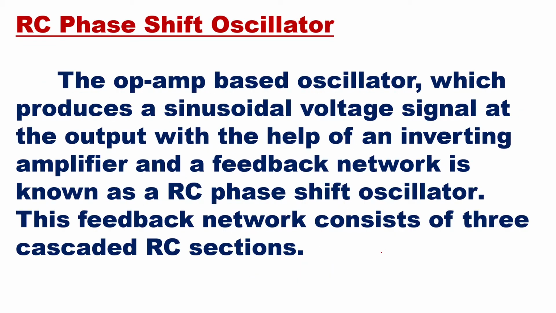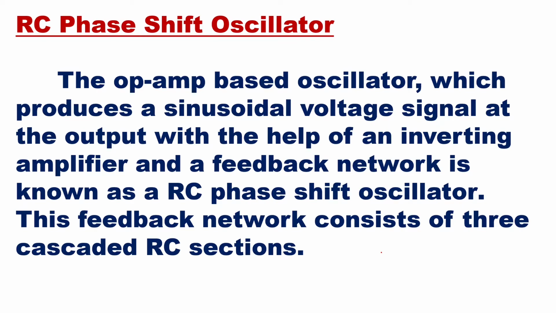Then we will come to the RC phase shift oscillator concept. And as I've told you earlier, here we are going to study the RC phase shift oscillator using an operational amplifier, op-amp. Okay. So the op-amp based oscillator produces a sinusoidal voltage at the output with the help of an inverting amplifier. So here we are going to use an op-amp to build an inverting amplifier.